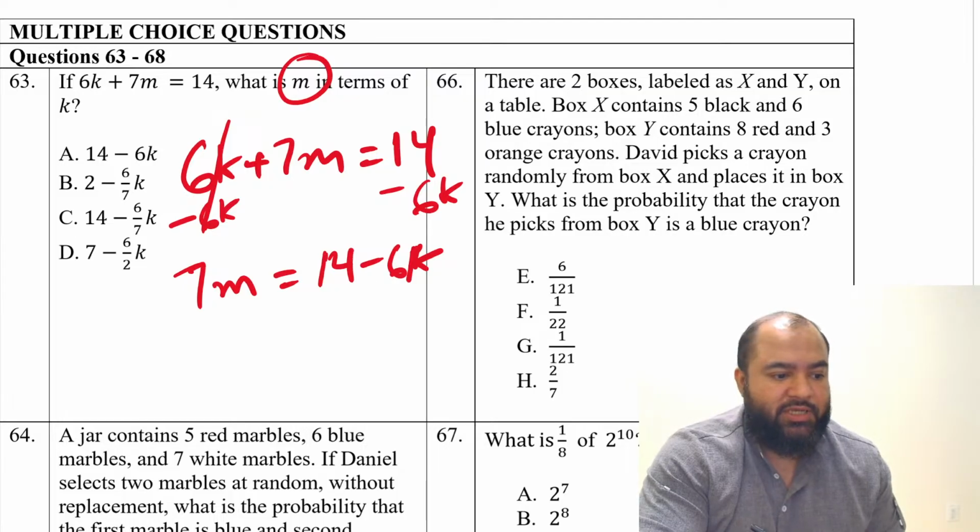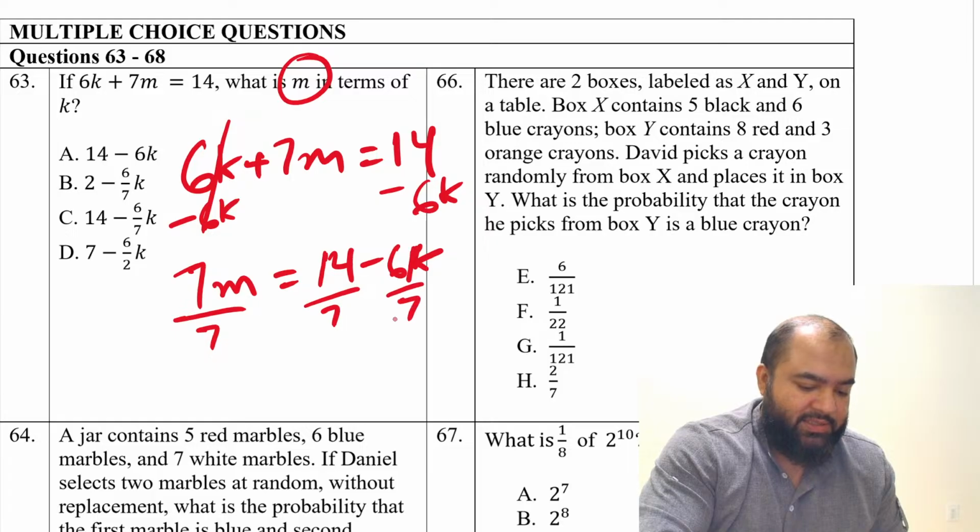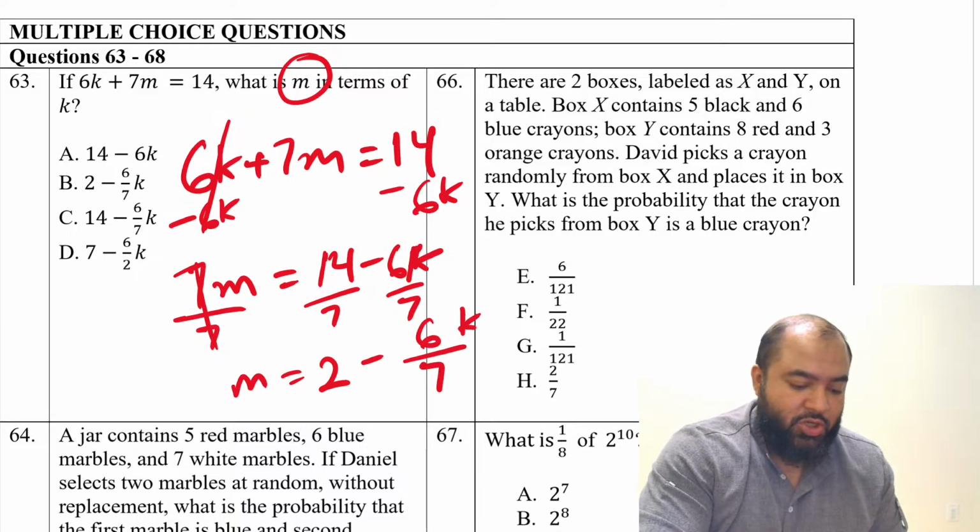Someone on the chat? Divide by 7. Very good. Divide each and every number by 7. So you get m is equal to 14 divided by 7 is 2 minus 6 over 7k.